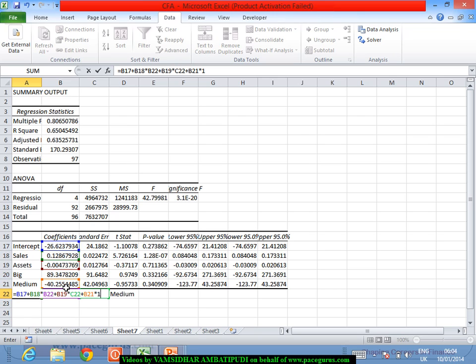Because it's a medium company, its profit is coming down by 40, so I'm directly putting up a number of 52. Had it been a small company, these two will be zeros.